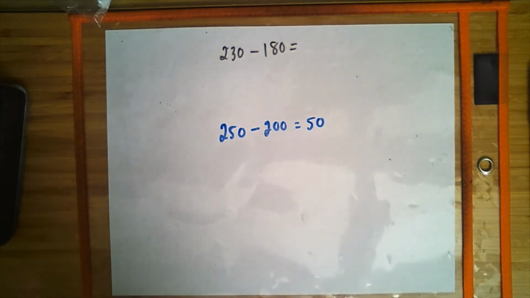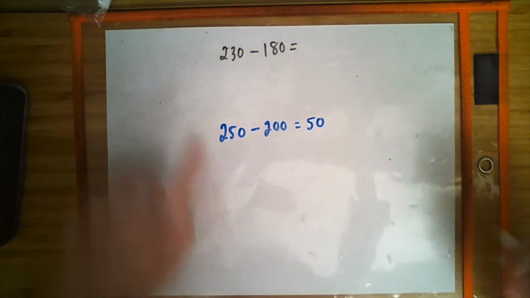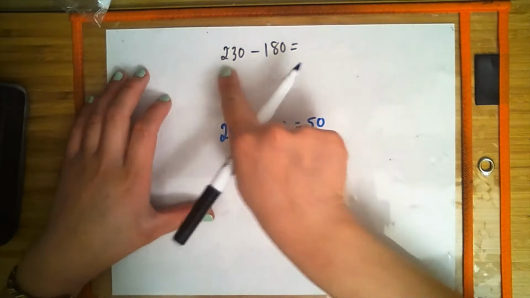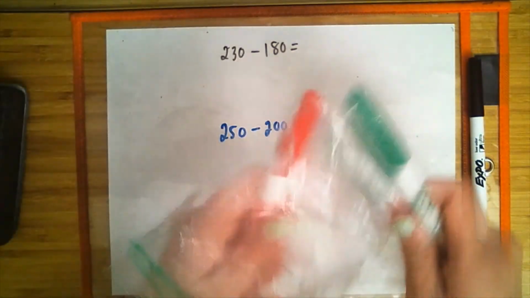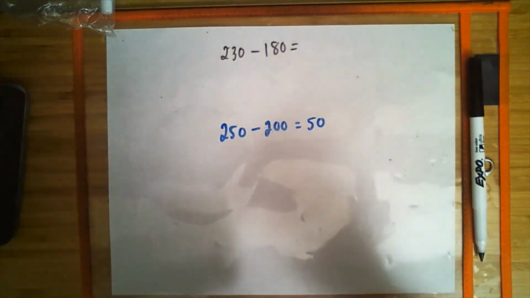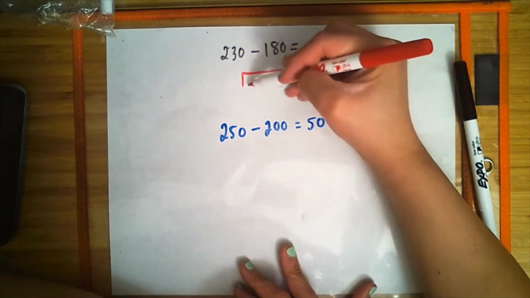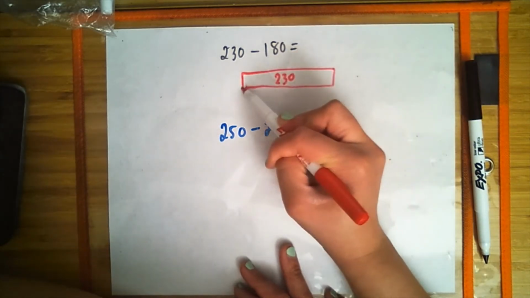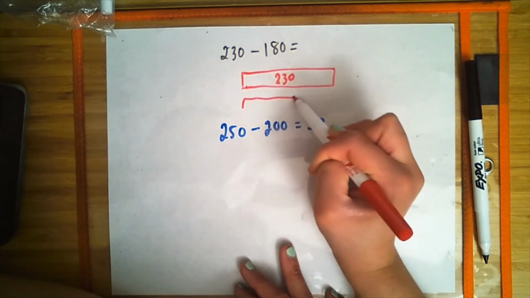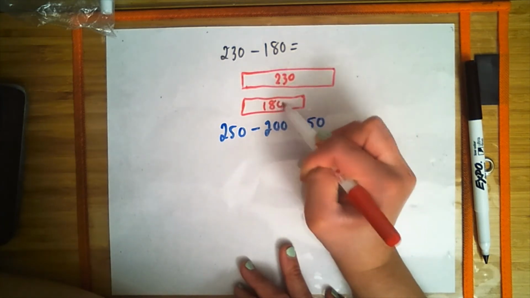Yes, it is. So now we're going to go ahead and draw a tape diagram on the board here to represent 230 minus 180, okay? So let's go ahead and do that. I'm going to do that in red so it's easier for you guys to see. 230 and then 180.